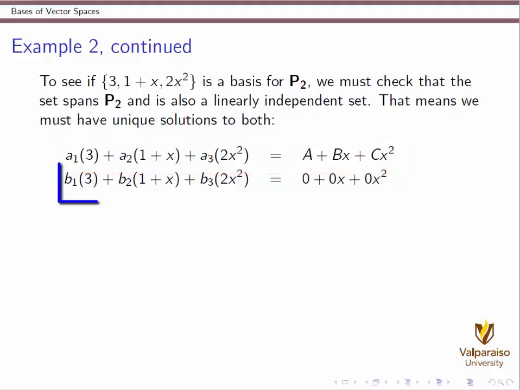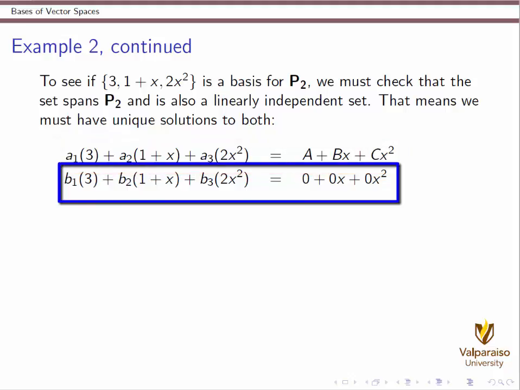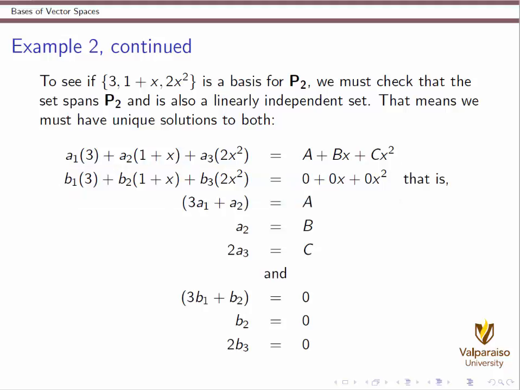The second equation is looking for linear independence, taking a linear combination of the 3 vectors in the potential basis set and asking what does it take for these in a linear combination to produce the 0 vector. We hope that the only way that happens is for b1, b2, and b3 themselves to be 0. And if so, we have linear independence. Here are the systems of equations that come from those.